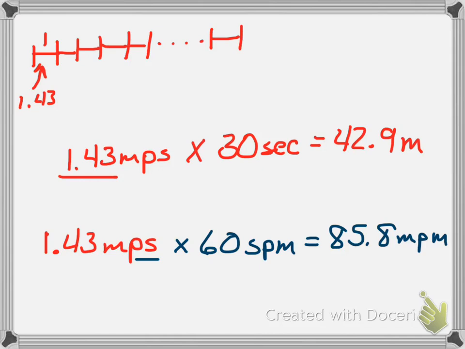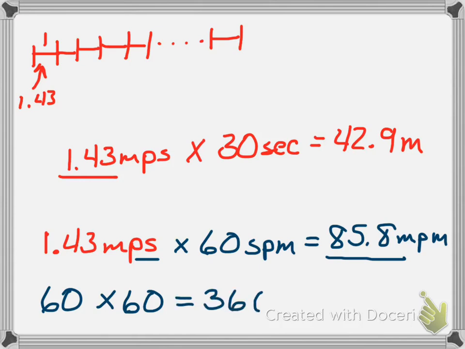And then I could just keep doing the same thing. If I wanted to figure out 1 hour, I would just take that 85.8 and multiply it by 60, because there are 60 minutes per hour. Some of you knew that if I wanted to skip the minute stage and go right to hours, there are 60 seconds per minute and 60 minutes per hour, which gives me the scaling factor of 3,600 seconds per hour.